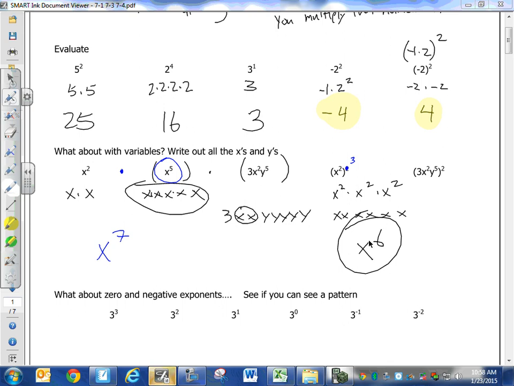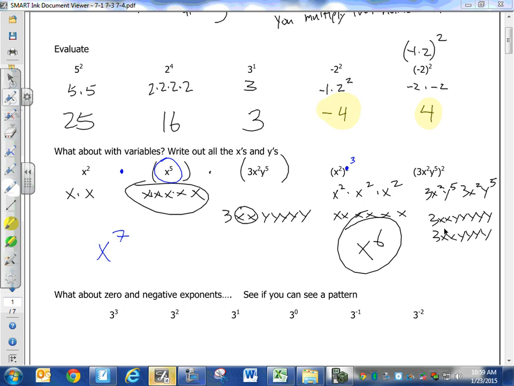Now, this last one could be written as 3x squared y to the fifth times 3x squared y to the fifth. Right? I write out what I have twice. That's what you take square. Well, that also could be written as 3, x, x, y, y, y, y, y times 3, x, x, y, y, y, y, y.